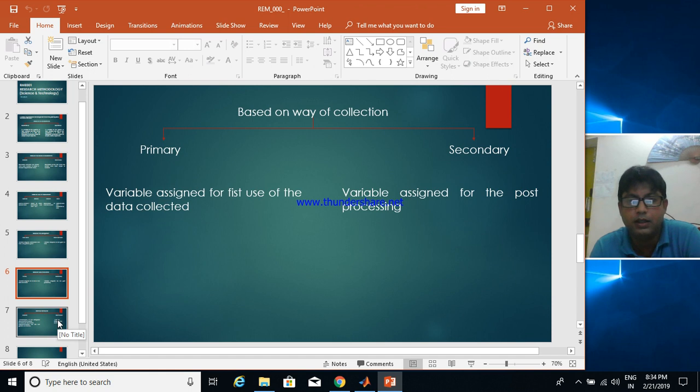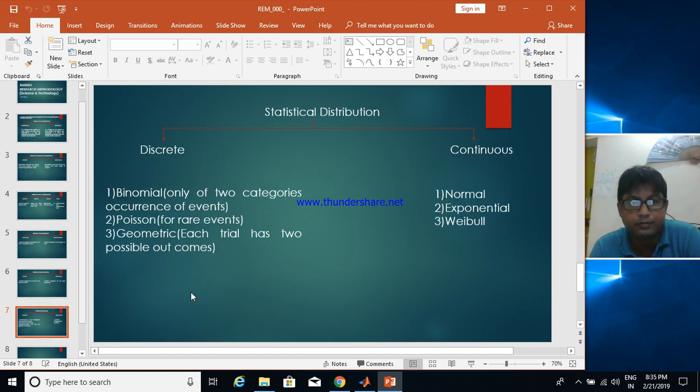Now we are going to the statistical distribution. Statistical distributions are broadly classified into two types: one is discrete, another is continuous. In discrete, first we will talk about binomial, which has only two categories of occurrence.